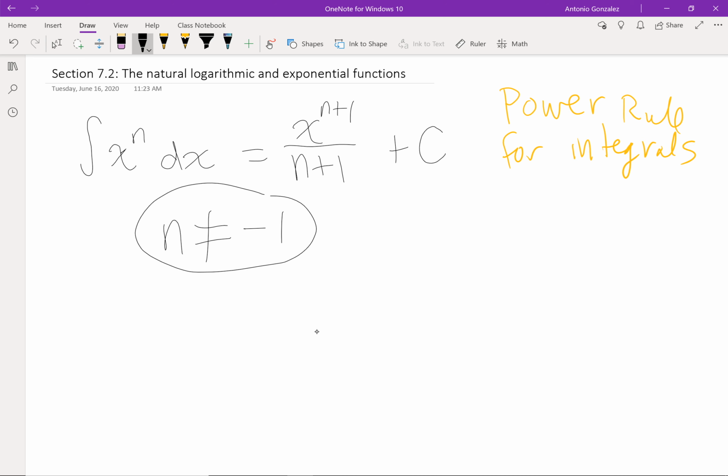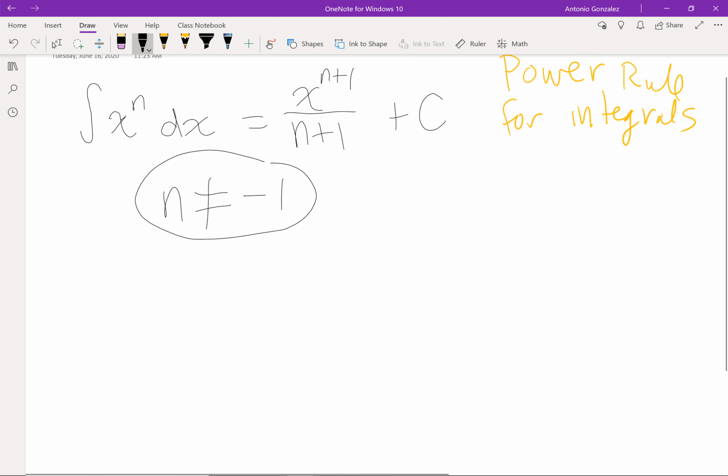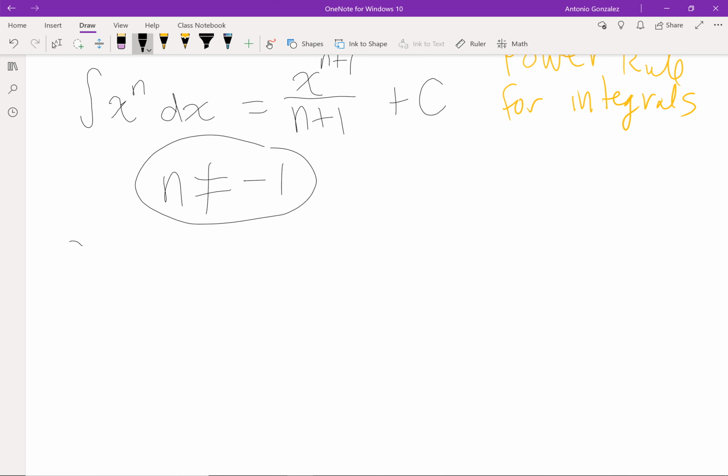Whenever there's this outlier, where a rule doesn't follow, we think, okay, well, what is special about this function? So what we're going to take a dive into is a look at this function here.